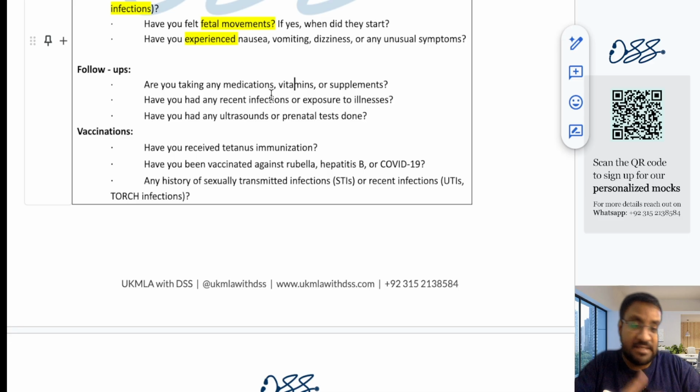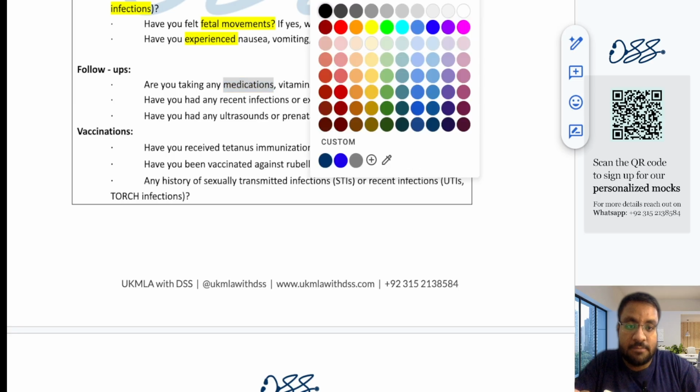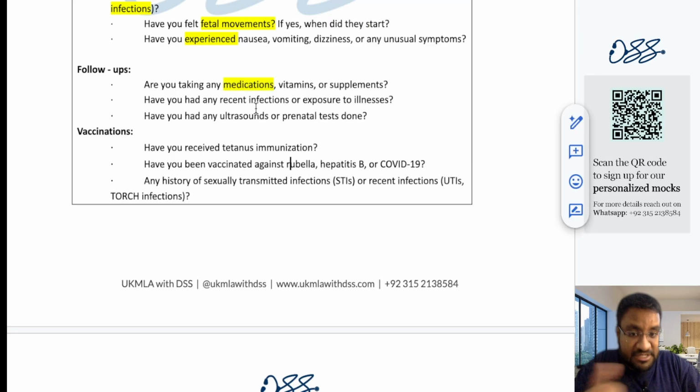That speaks a lot about the outcome of the pregnancy. If she has had any recent infection, then you may have to think about antenatal infection and the effect it has on the baby, the risk of premature delivery, the risk of miscarriages. All of those things, you would have to think if a patient is feeling anything like this. So any medications, any past infection that the patient may have.